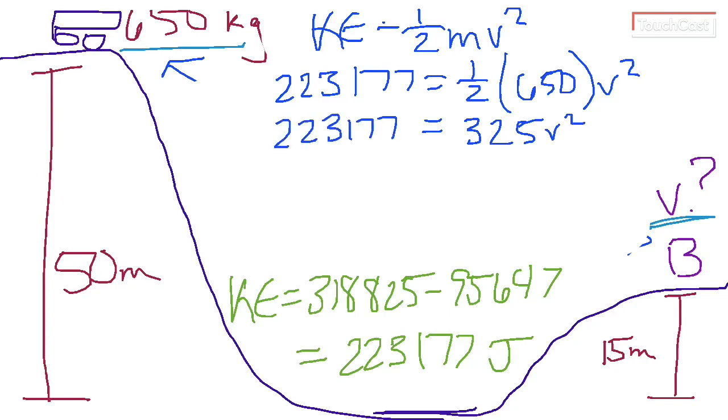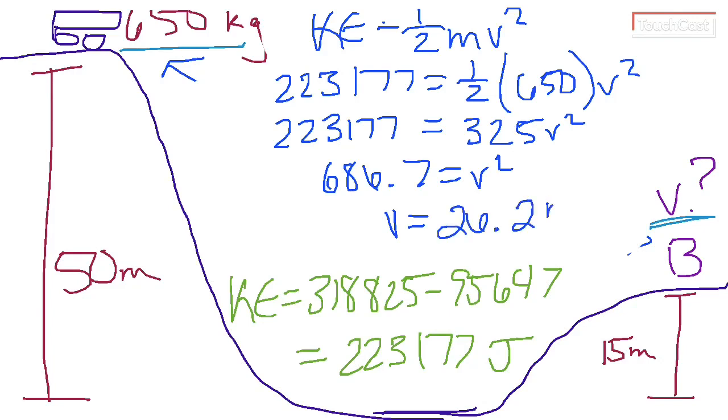I divide 325 to the other side, and that's going to get me 686.7 equals V squared. And so I simply square root it, and my final answer is 26.2 meters per second. So that is how fast I'm moving at the top of the second hill.